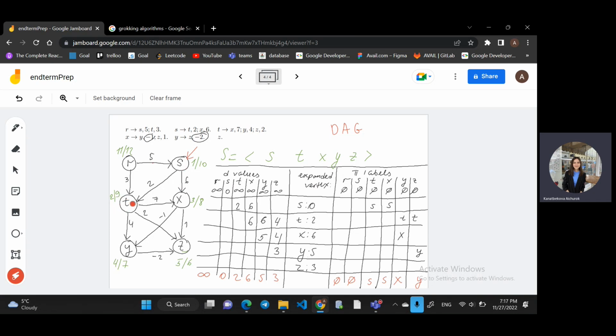So you first go to t, you discover it at time 2, and you go to its outgoing edges, x, y, and z. You follow the order, and so on and so on. And for example, when you reach z, you have no outgoing edges, and you have to finish it here.